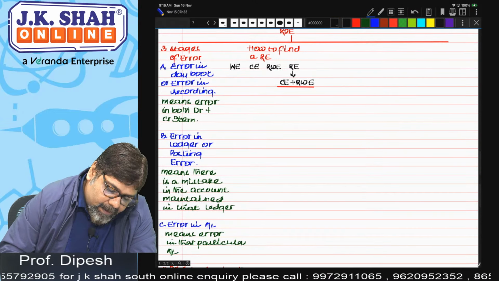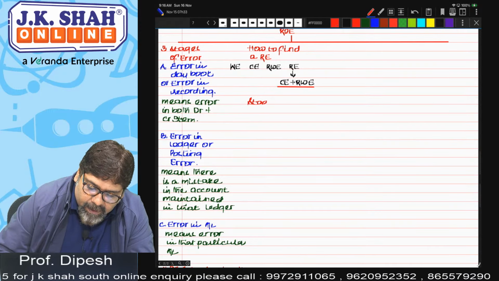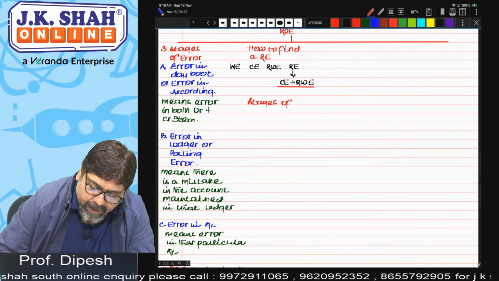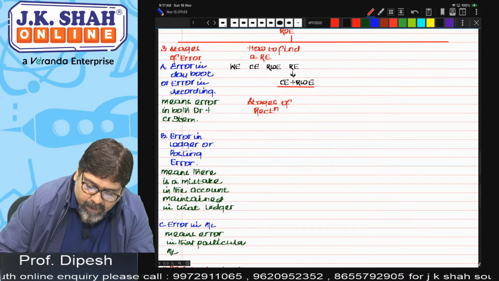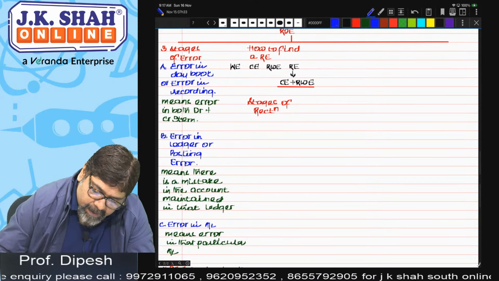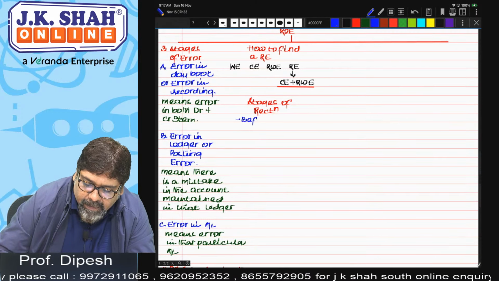Now, the stages of rectification. Stages of error, stages of rectification. Before trial balance.